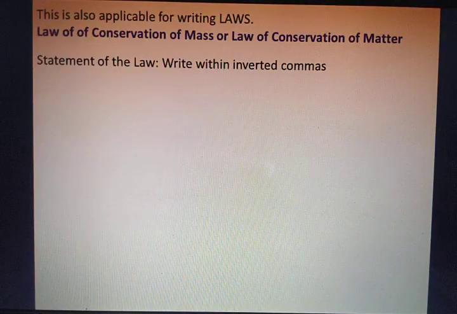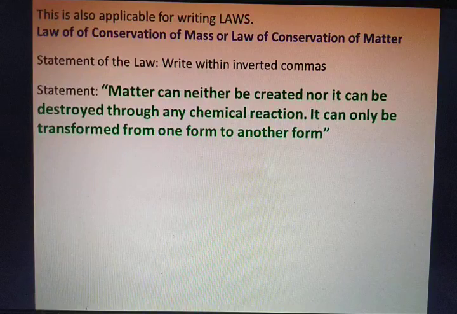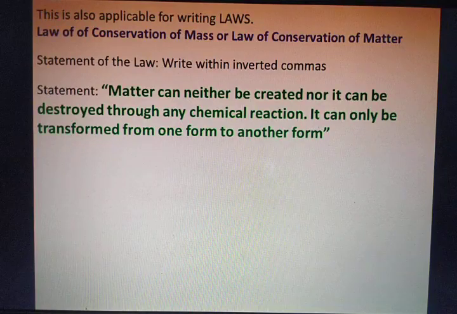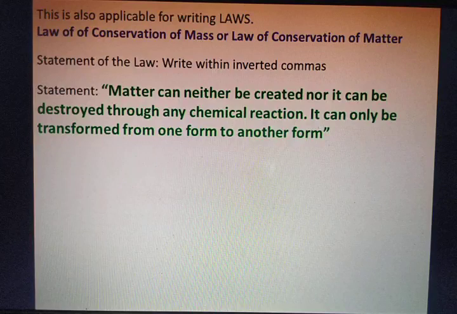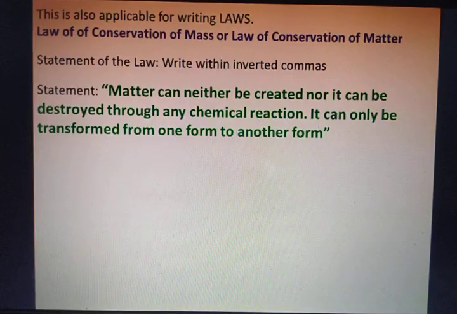So we write first the statement of the law. Matter can neither be created nor destroyed through any chemical reaction. It can only be transformed from one form to another form. So what does the law state? The law states that matter can neither be created nor destroyed. So I cannot create matter, I cannot destroy matter.